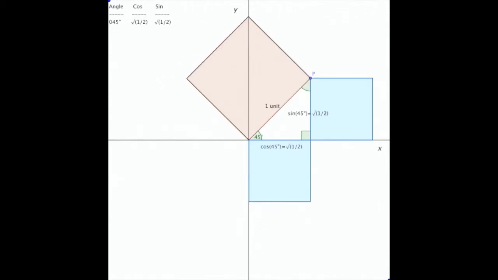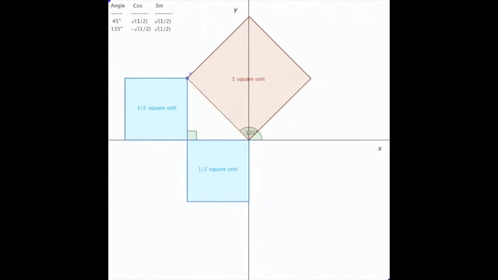Right, let's go back to our 45-degree diagram and see if we can use the results we got to find sines and cosines of other angles. We can think of the unit line as having been rotated 45 degrees from the x-axis. We can rotate the line an extra 90 degrees, ending up at 135 degrees.